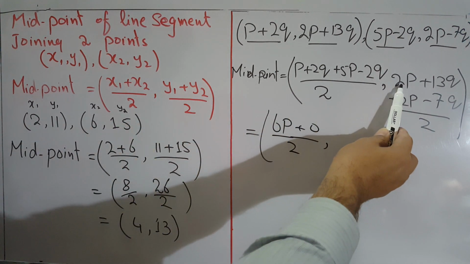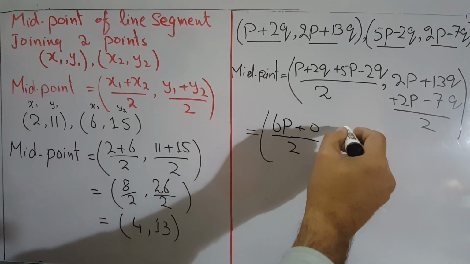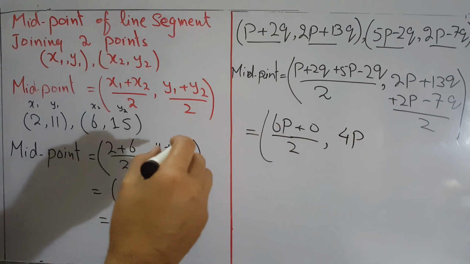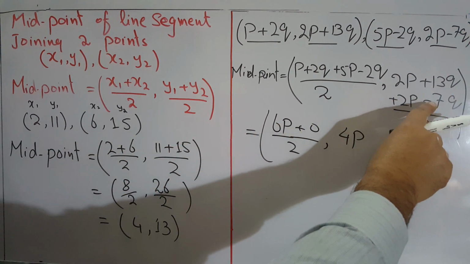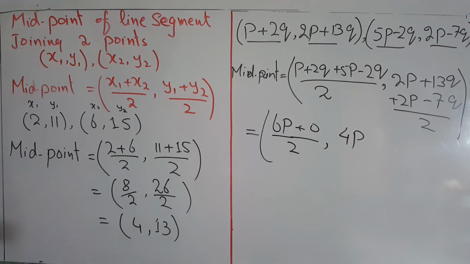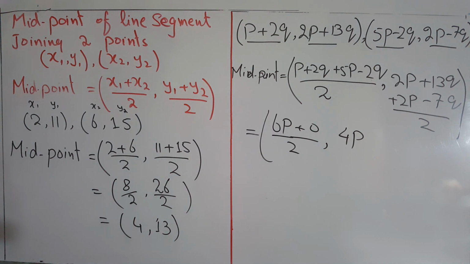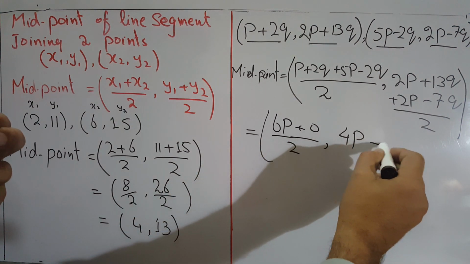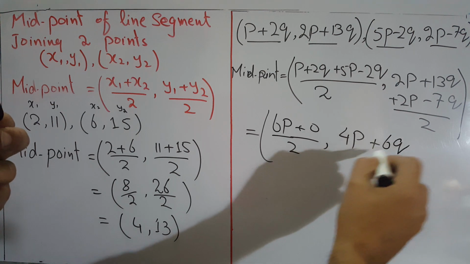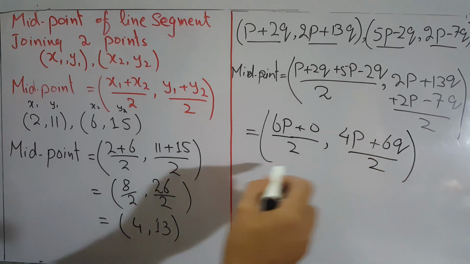Now you have 2P and you have 2P, that gives you 4P, and then you have plus 13Q and minus 7Q. If you subtract 7 from 13, it gives you 6, so plus 6Q, divided by 2.